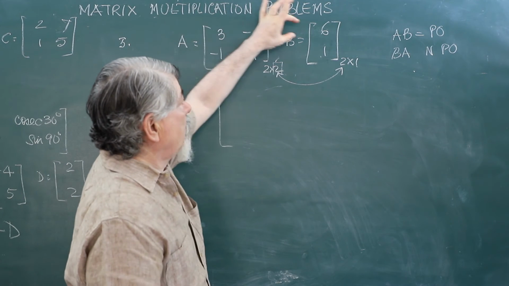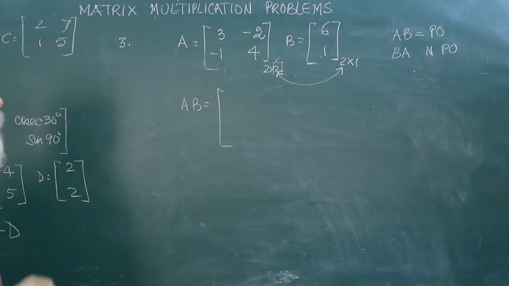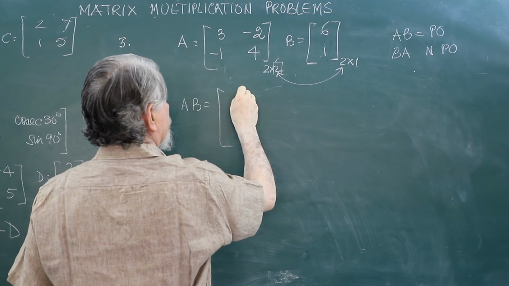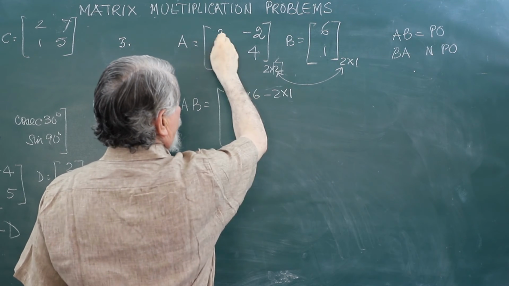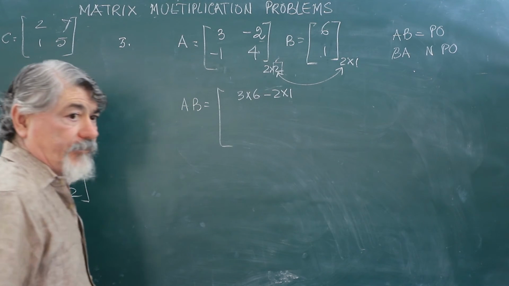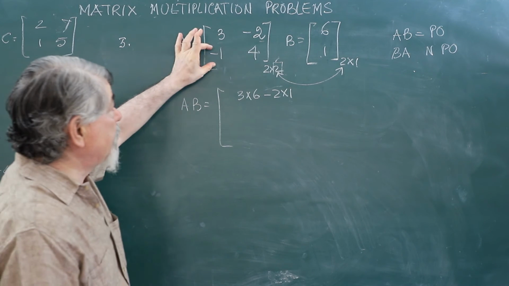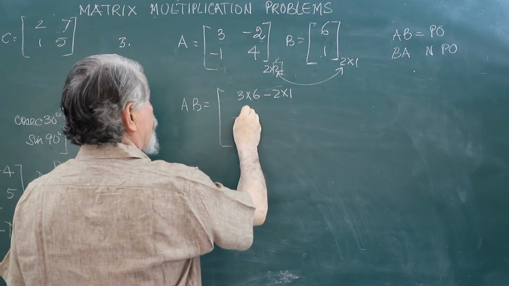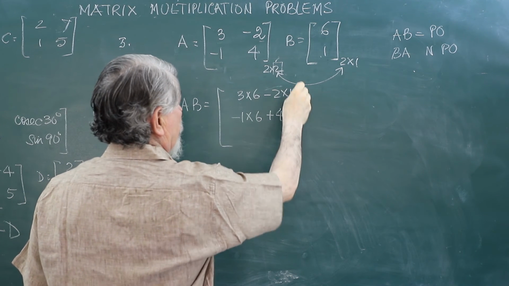First row into first column, that is 3 into 6 minus 2 into 1. That's the way it is done. First row into first column, then second row into first column, that is minus 1 into 6 plus 4 into 1.